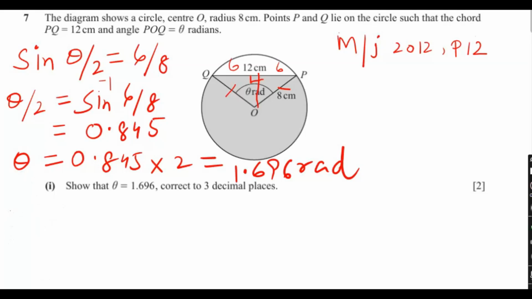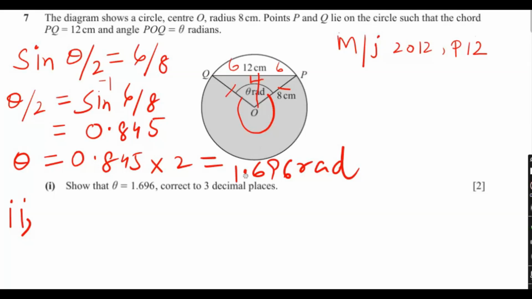So part number 2. One is the arc length of POQ, but I am talking about the major angle. One is theta and the other is this one.